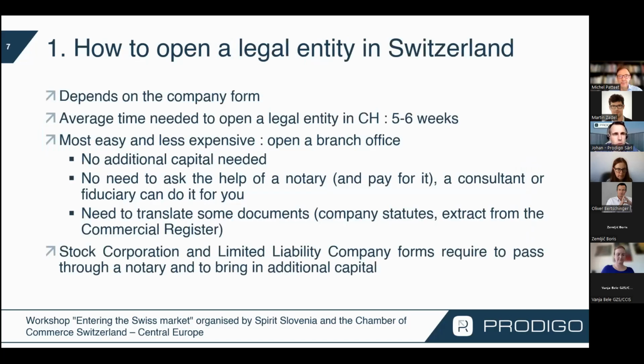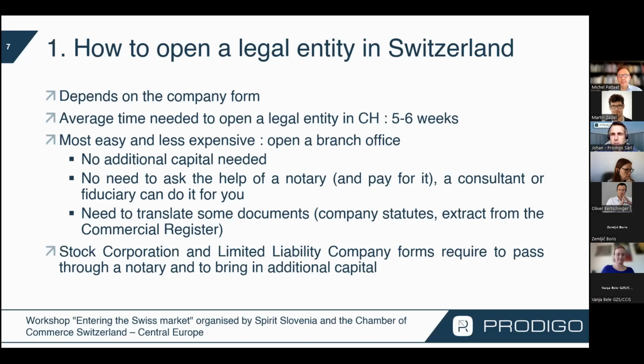Now, how to open a legal entity in Switzerland? As we have seen previously, the company form selected will impact the procedure that you will have to follow to set up the company. But on average, we estimate that it needs 5 to 6 weeks to be registered in the commercial register.